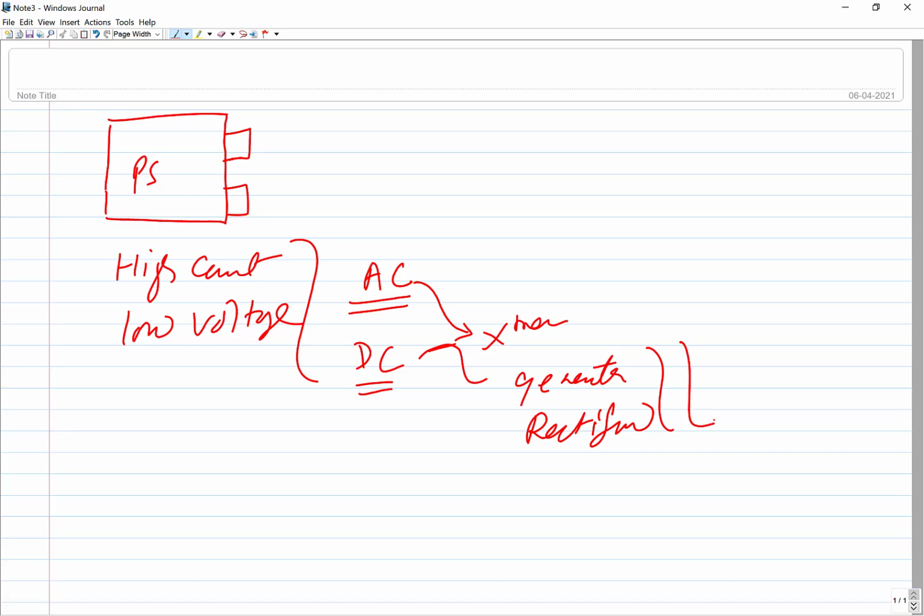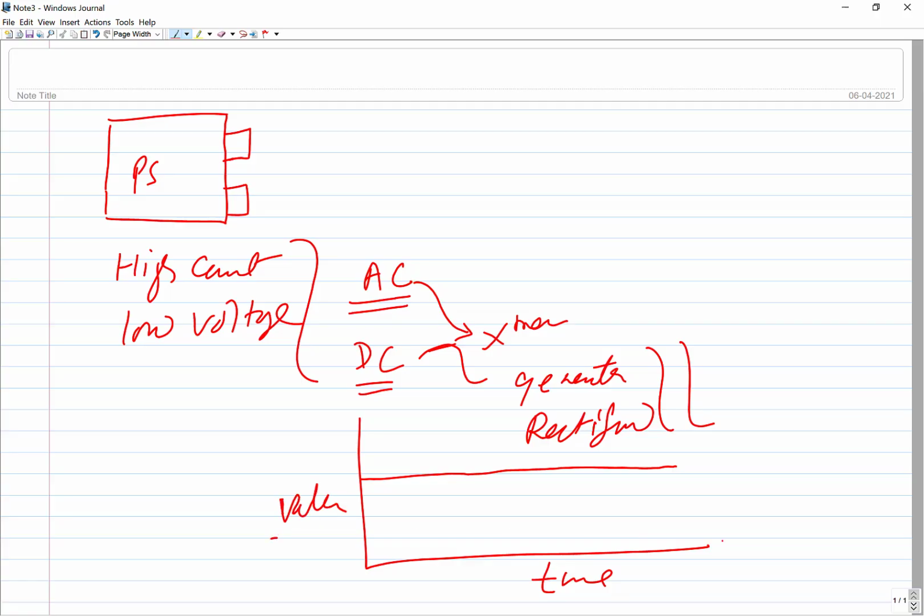Okay, so these DC power sources give you a current whose magnitude and direction of flow is constant. So the time and the magnitude value of the current remain constant in case of the DC.